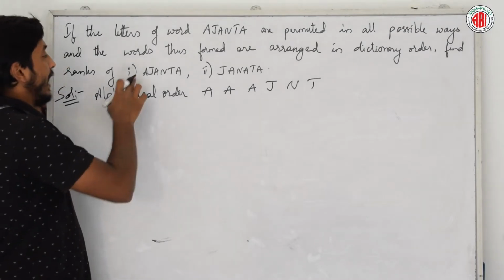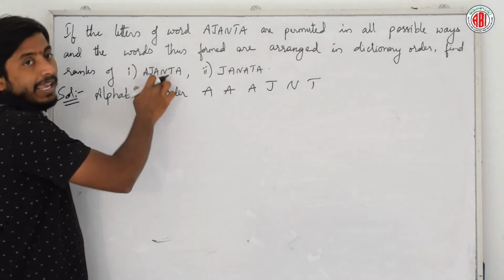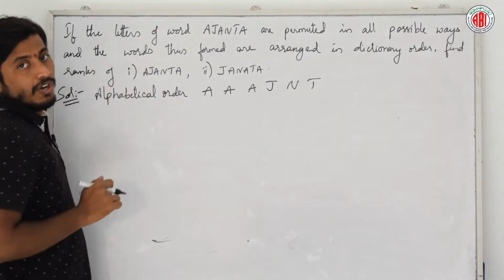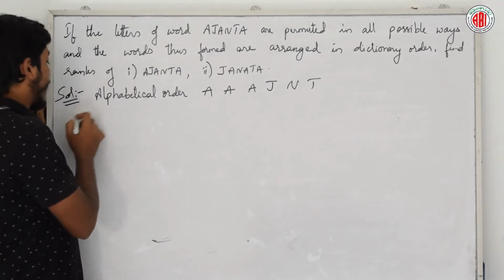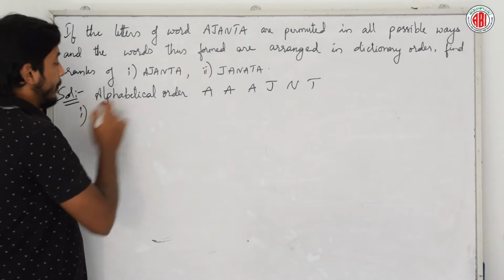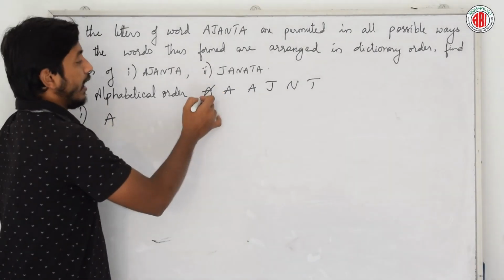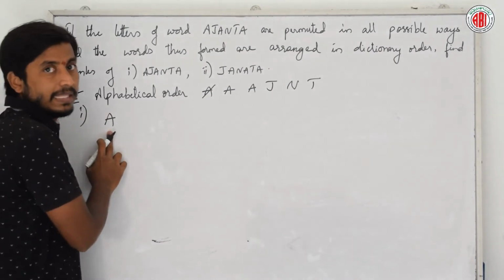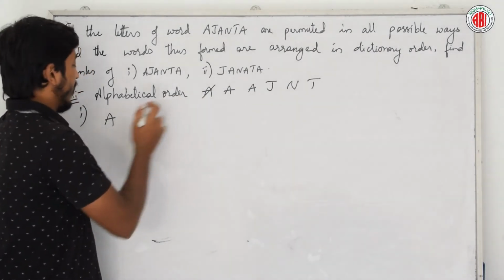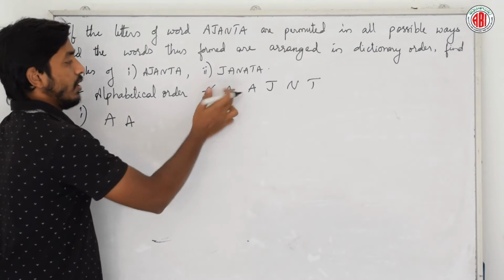Now we have to arrange the word A, J, N, T, A. So how do we start? Let us start with A. A itself is in the first position. That's done. After that, again one more A. Will it suit? No, it doesn't suit.